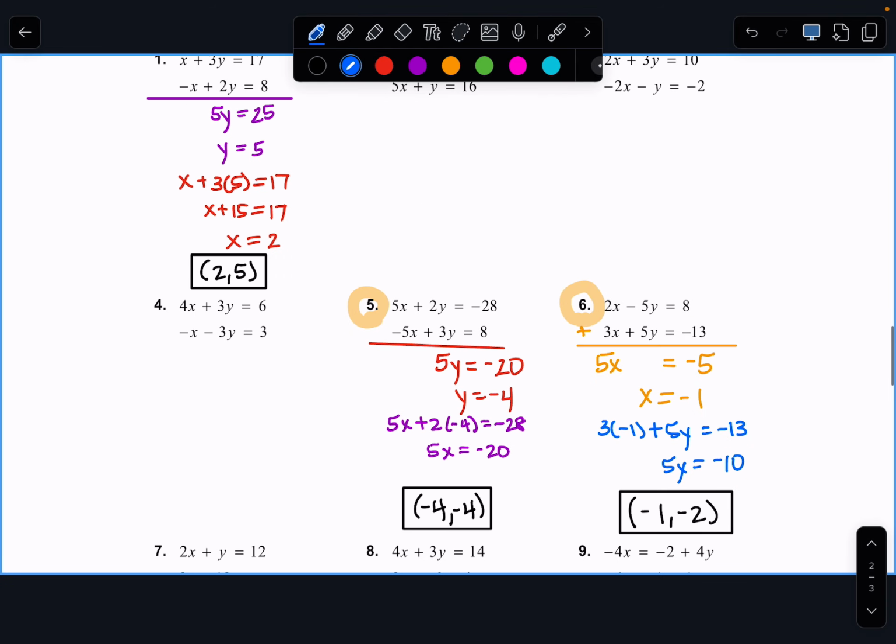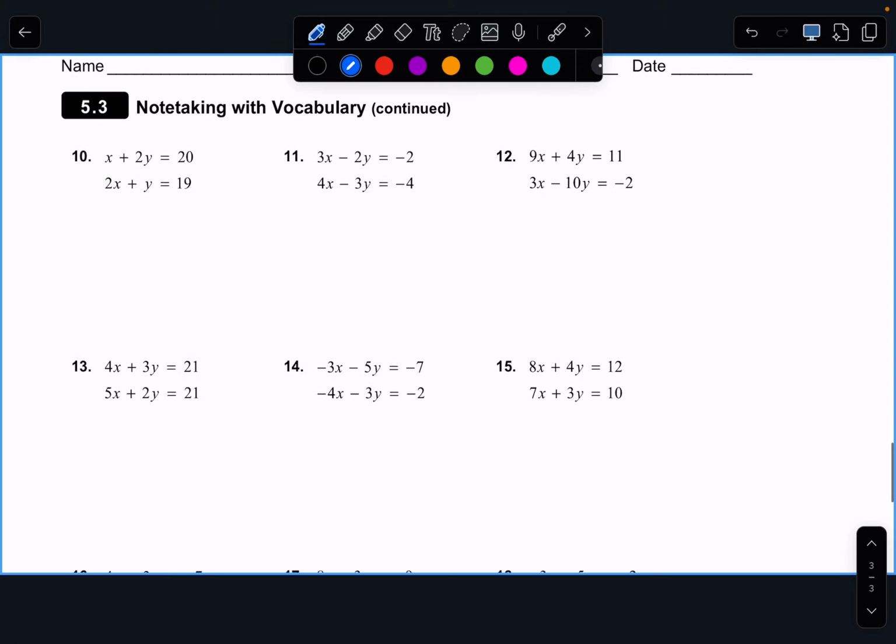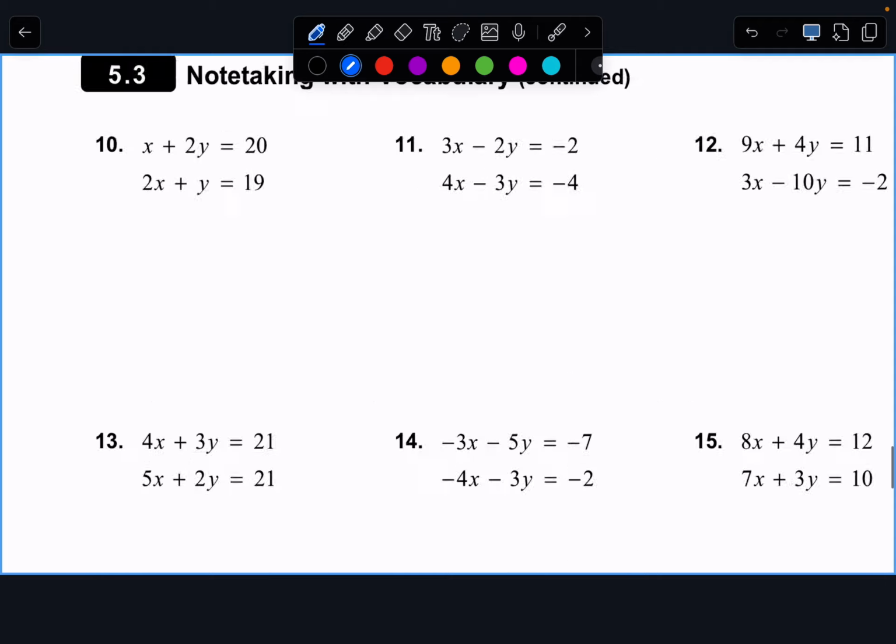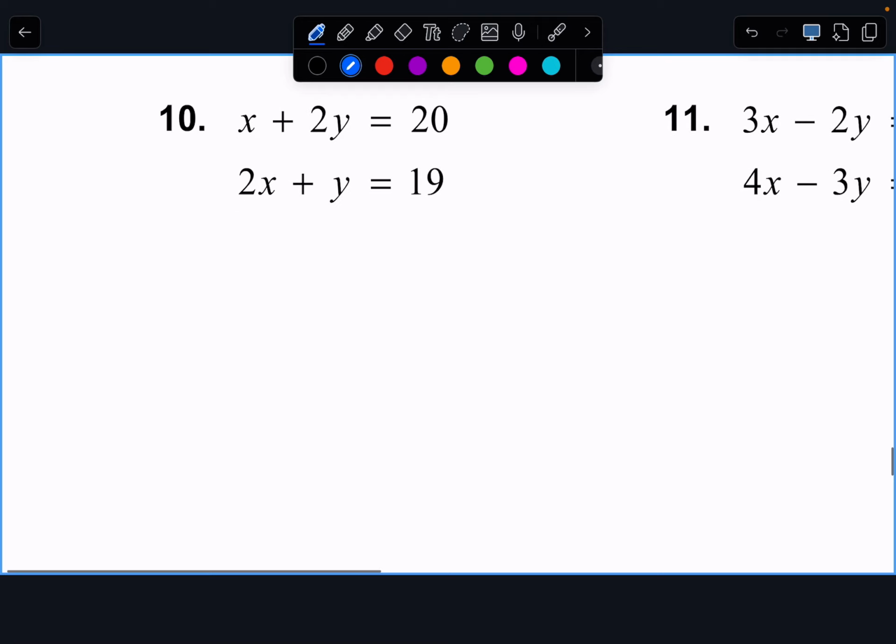These were nice. Go ahead and turn the page, and we're going to look at problems where we have to do a little bit of work. Okay, please listen carefully to me. You have to be organized. You have to be organized.